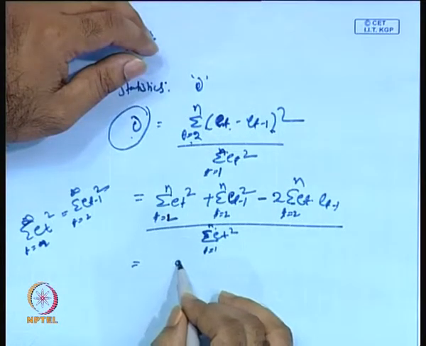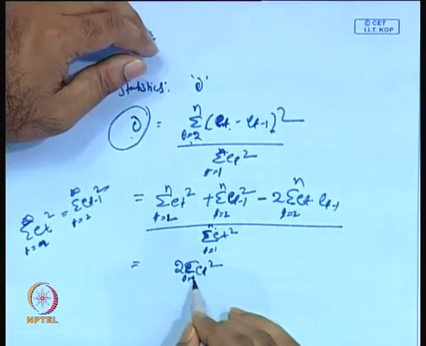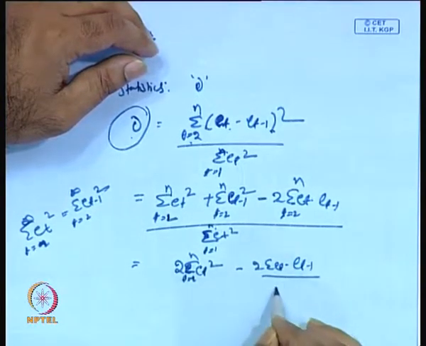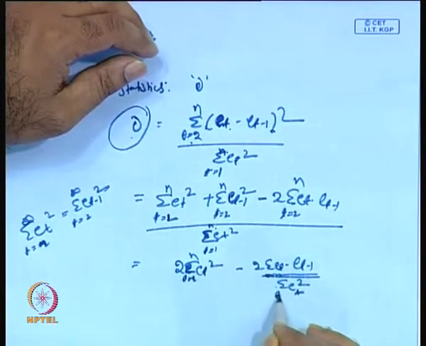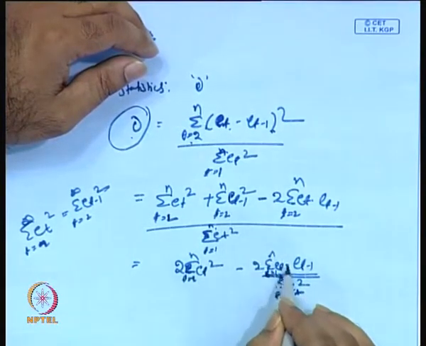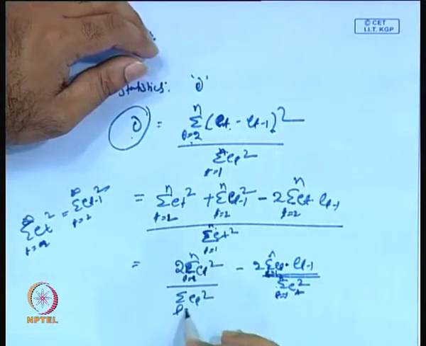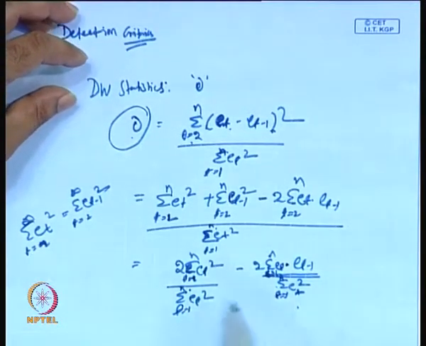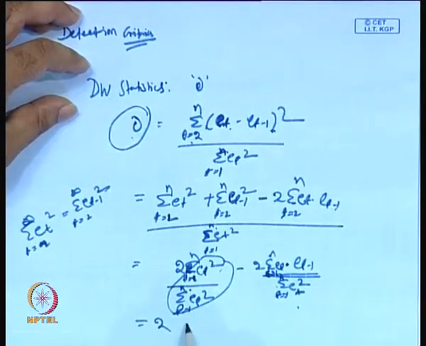So we can write it as 2 times the summation of e_t squared minus 2 times the summation of e_t e_{t-1}, divided by the summation of e_t squared, t equal to 1 to n. So you will get the result 2 minus 2 times a term.